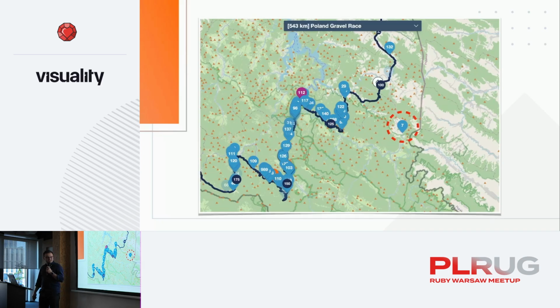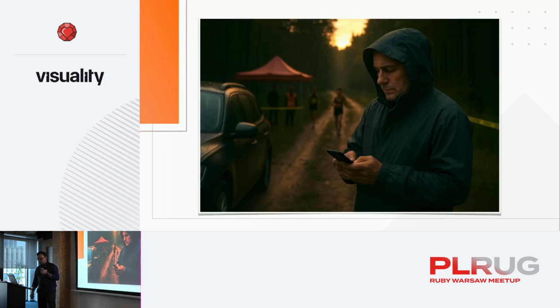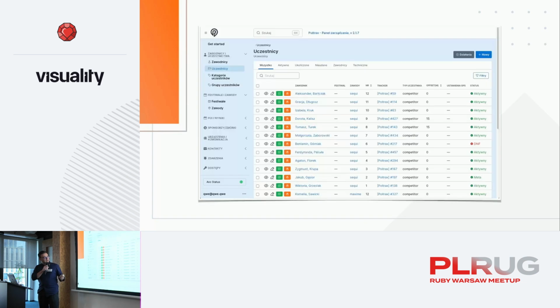What has to be done is they need a status "did not finish". So how does the organizer set the status in the application? You would imagine that they would take their phone, open the PLRUG app, navigate the UI, search for the participant number, and tag them as did not finish here.